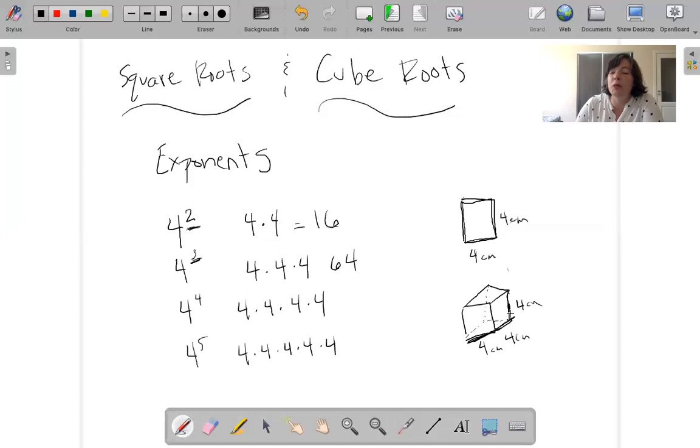This is a cube. And we can multiply length times width times height, and we can get the volume inside. That's why when it's got a 2, it's called squared. And why when it's got a 3, it's called cubed. Because here we're talking about a square and we're talking about a cube.